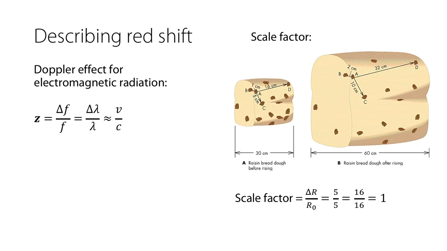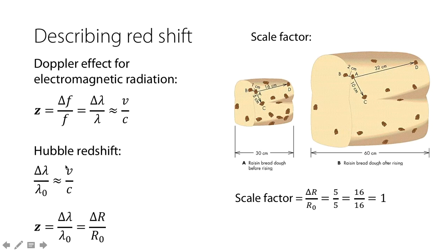In this case, we would say that the fractional difference, the value of z, if you like, is the amount it's changed by. So from A to C has gone up by 5, so it's delta R equals 5, divided by the original length of 5. The same applies, increase by 16 divided by 16, increase by 1 divided by 1. So in this bread, in this universe, the value of z here is 1.